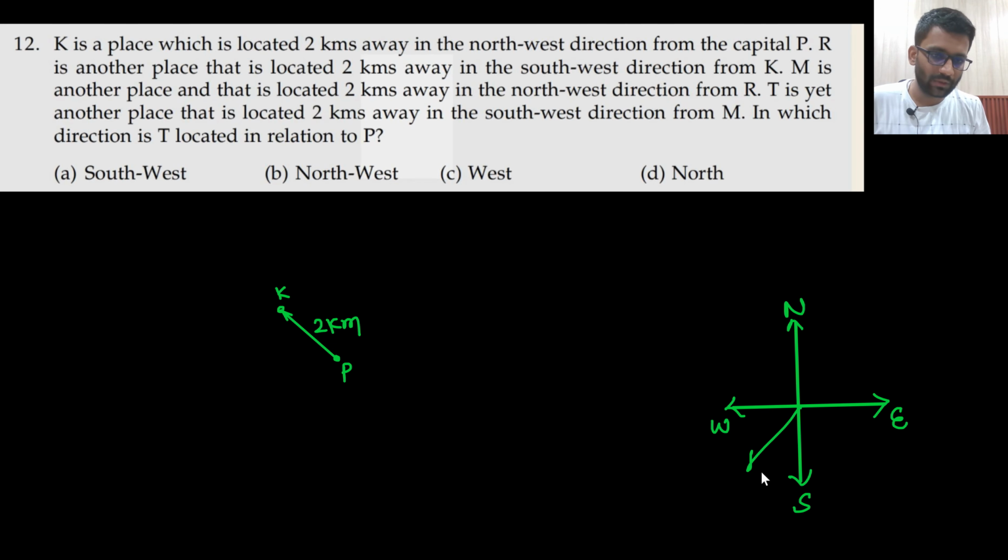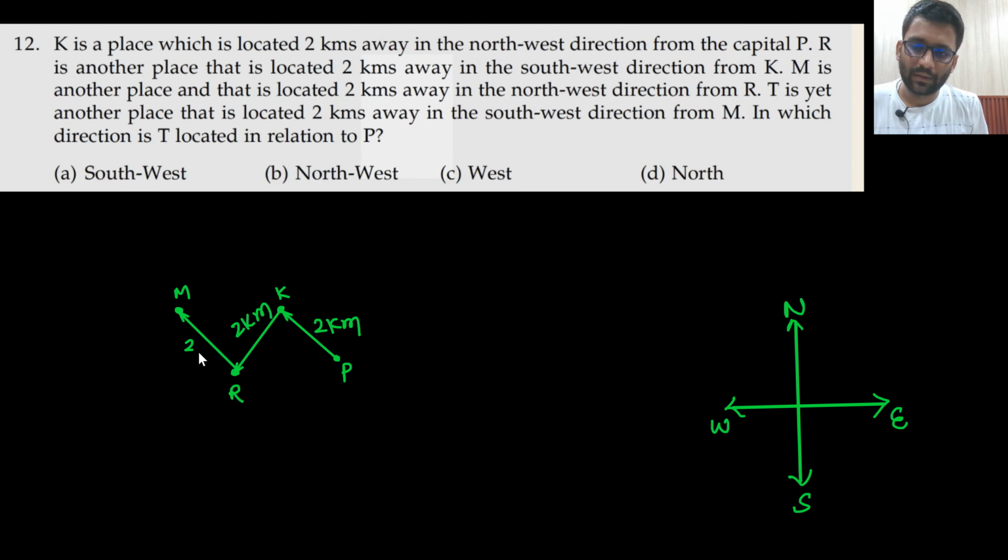Southwest, what will be southwest? This will be southwest. So in the southwest direction from K, 2 kilometers away, this place is R. Then M is another place which is located 2 kilometers away in the northwest direction from R. That place is M. And T is yet another place which is located 2 kilometers away from M, in what direction?